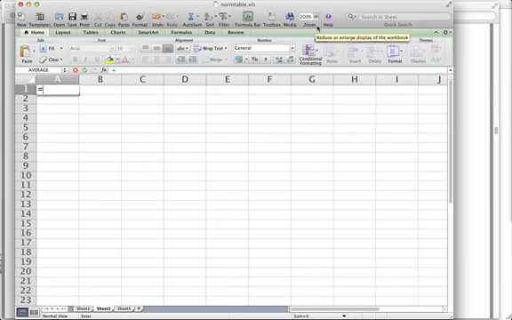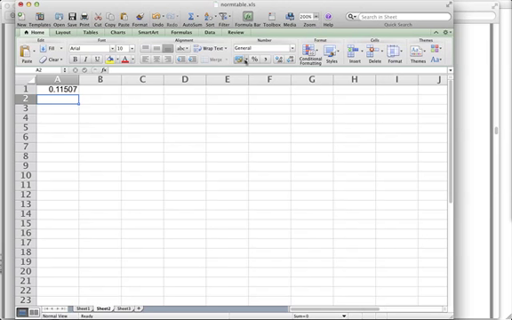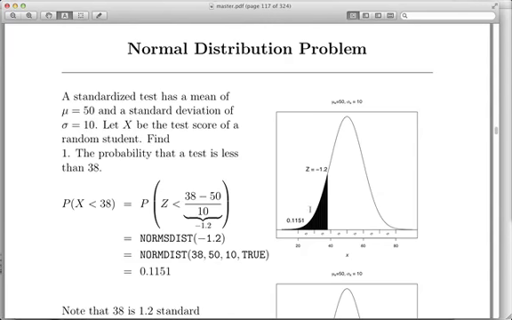If I type equals NORM.S.DIST minus 1.2, you're going to see that the answer is 0.1150. So if we go back, the area in that tail is 0.1150, which actually gets rounded up to 0.1151. Okay, so that's one possibility.